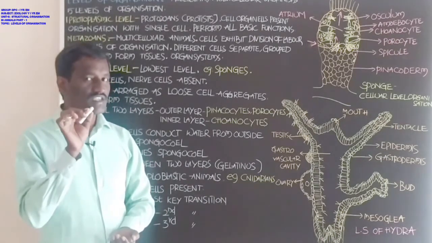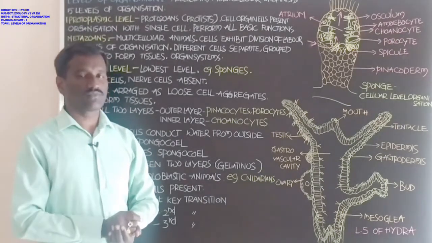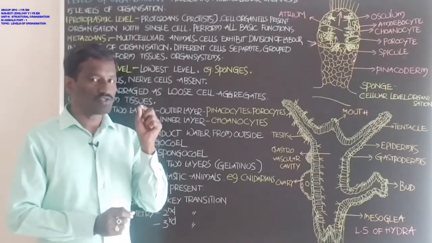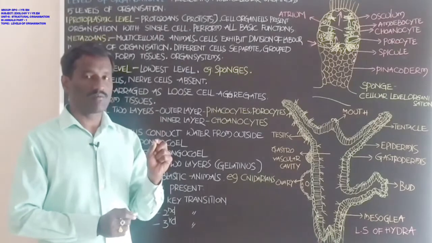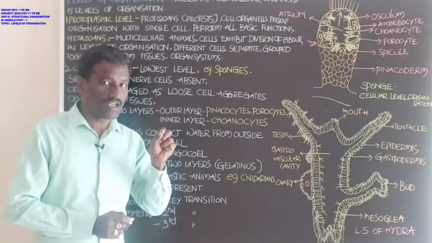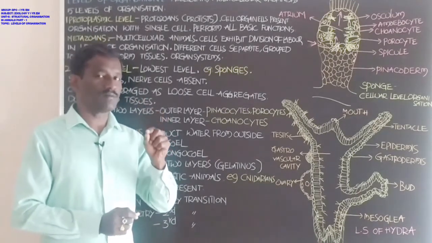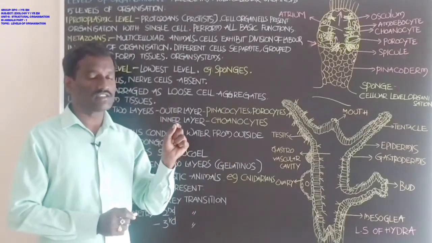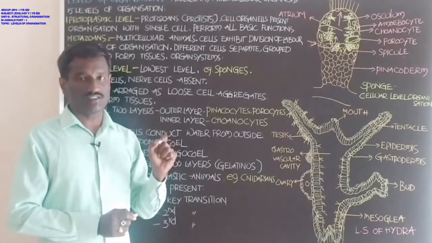These are single cell animals. They are organisms with a single cell, and that cell consists of different types of cell organelles.